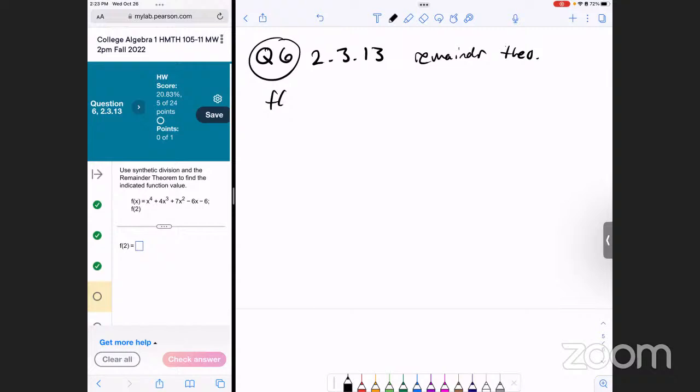We have our f of x is x to the power of 4 plus 4x to the power of 3 plus 7x squared minus 6x minus 6. And we're actually using the remainder theorem to evaluate f of 2. Now, we could just plug in the 2, but we'll get a whole bunch of numbers. Instead, it will probably be much easier to just do the remainder theorem, i.e. synthetic division. So 2 would go in the chair.